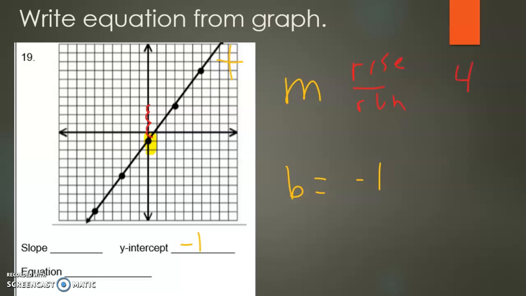I'm going up 4. I'm going 1, 2, 3 to the right. That is a positive, so the slope is 4/3. So the equation is y equals 4/3 x minus 1.